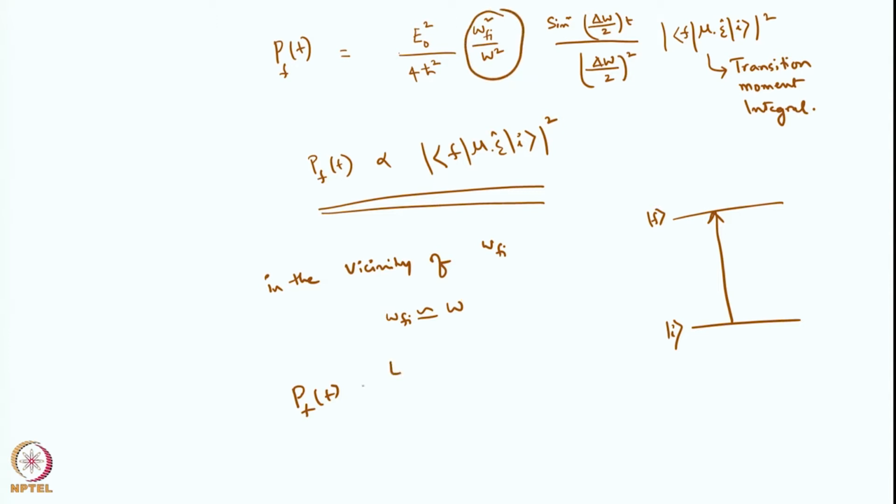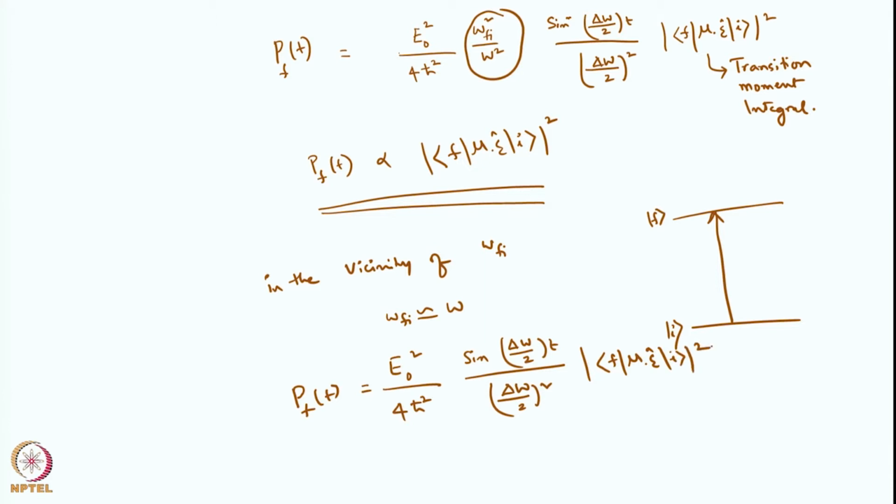So, this will be equal to E naught square by 4 h bar square, sine of delta omega by 2 into t divided by delta omega by 2, square, into modulus of f mu dot epsilon i square. Now, we know this function is the line shape. It determines the line shape.